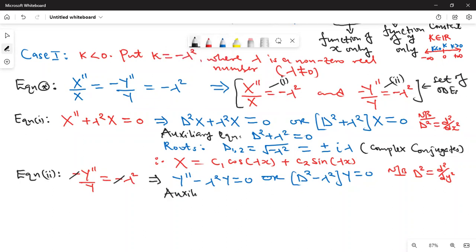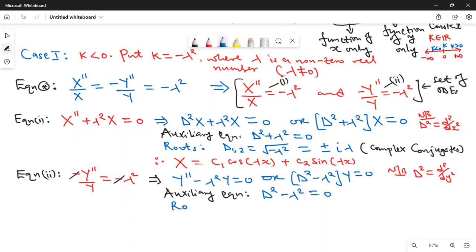Auxiliary equation. Now equate the coefficient of y to 0. That will be our auxiliary equation. So we are saying that D squared minus lambda squared equals 0.